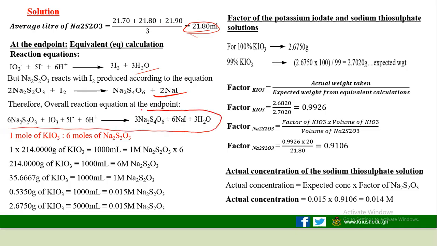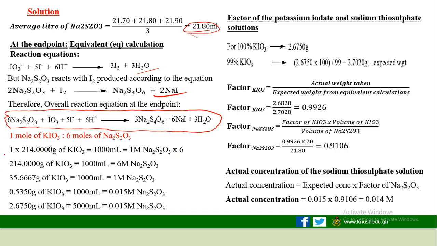And depending on what we are told, we can keep this or not, right? But the most important thing that we can't do without is the mole ratio, because we need the mole ratio in what? In our equivalent calculation. So we write that the primary standard expressed in mass in 1,000 ml is equal to 1 molar of what? Of the thiosulfate.